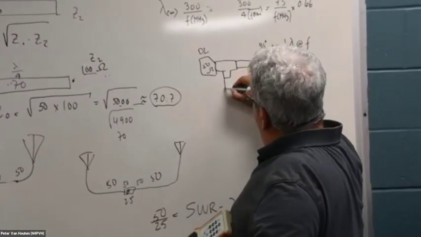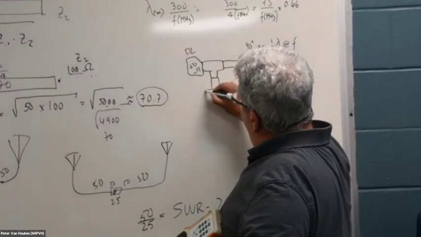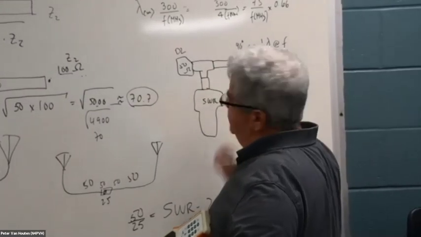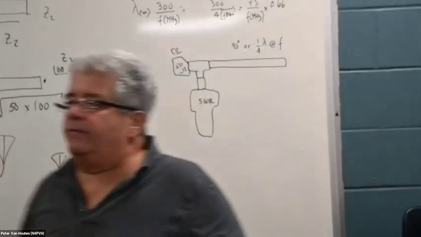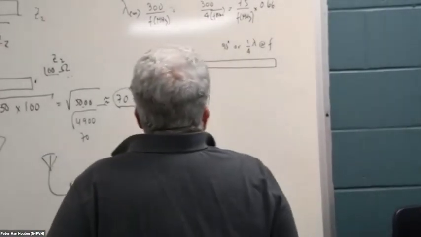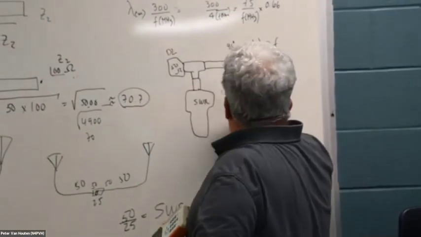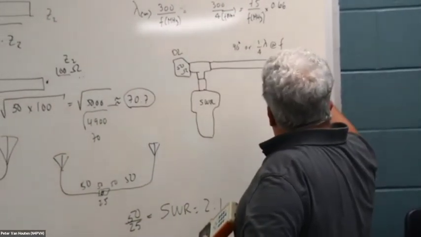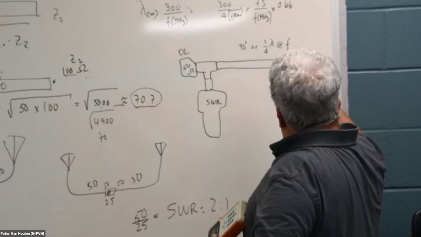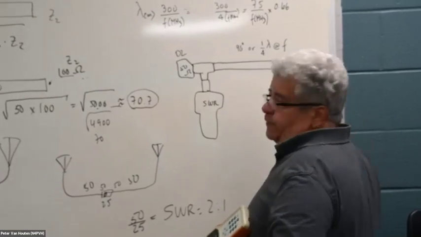And then here I can connect an antenna analyzer that's going to measure the SWR, or I can connect my radio. It doesn't matter. When this line is a quarter wave, it needs to be shorted here, so I connect the center conductor to the outer conductor.